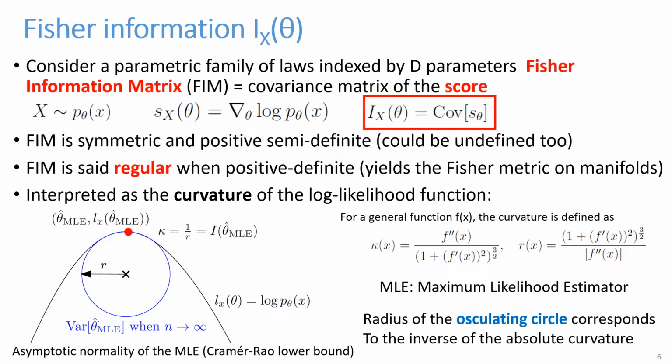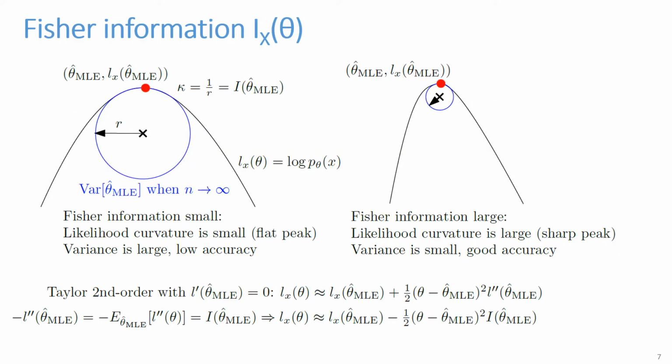The FIM can be interpreted geometrically as a curvature of the log likelihood function at the maximum likelihood estimator, MLE. The curvature of a curve is the inverse of the radius of its osculating circle. In this figure, I illustrate the Fisher information for two different log likelihood curves.